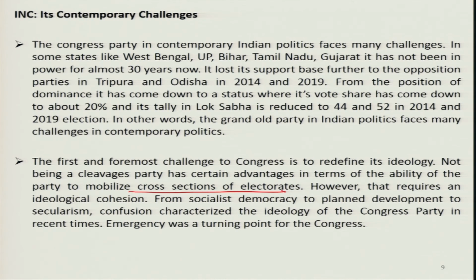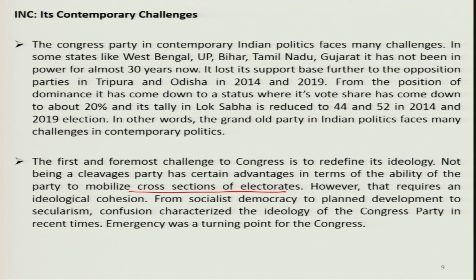So, in terms of the first past the post system, a national party or a party which is not based on any ethnic groups or any caste groups has certain advantages in terms of mobilizing the electorates across the sections of Indian society. The Congress party had that advantage.